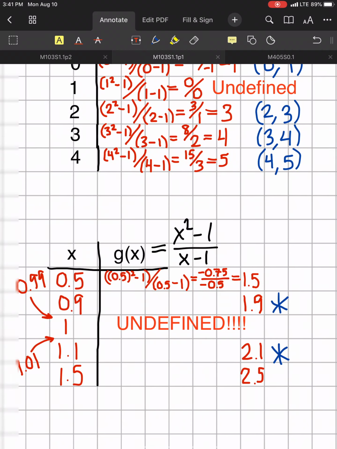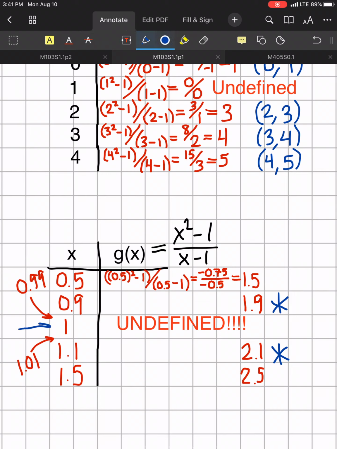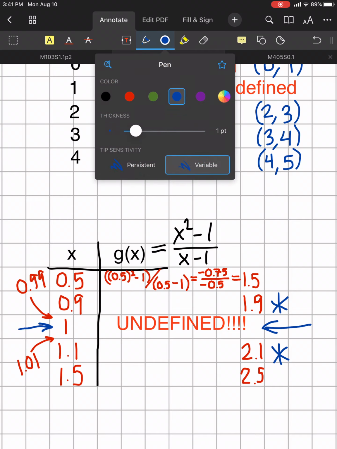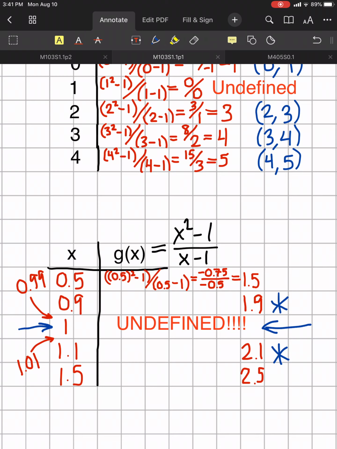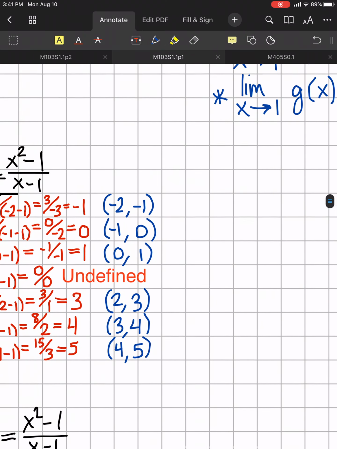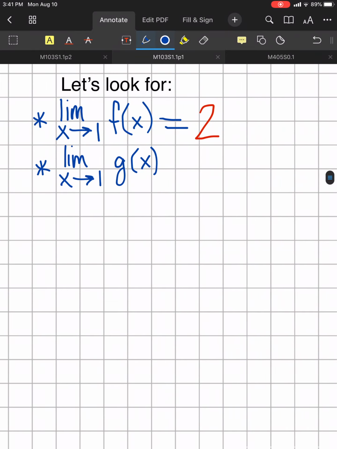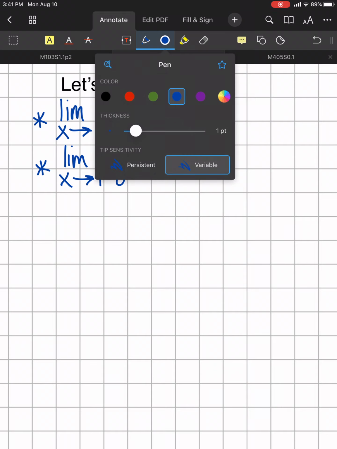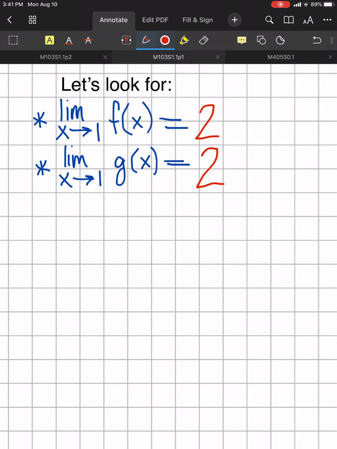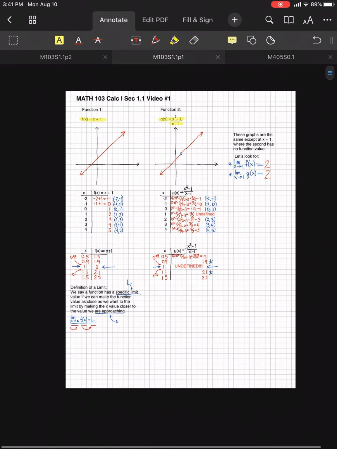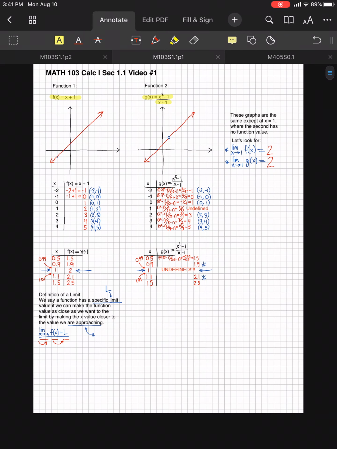And if I pick values as close as I want to 1 over here on the left, I can get values as close as I want to 2 on the right. I can't get values exactly equal to 2, but I can get as close as I like otherwise. And what that tells us here is the same thing for g that it told us for f. The limit of g as x approaches 1 is also 2.